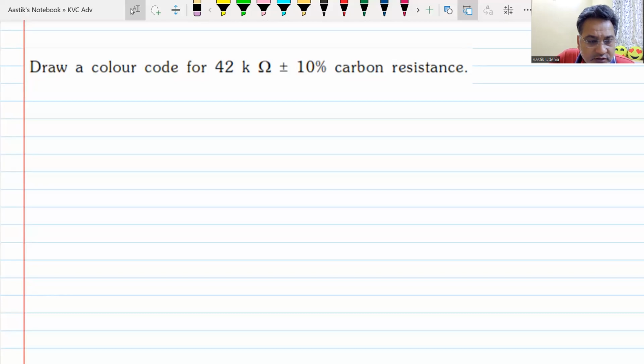And this is the question: draw color code for 42 kilo ohm plus or minus 10%. What will be the color code? Sir, yellow, red, black.